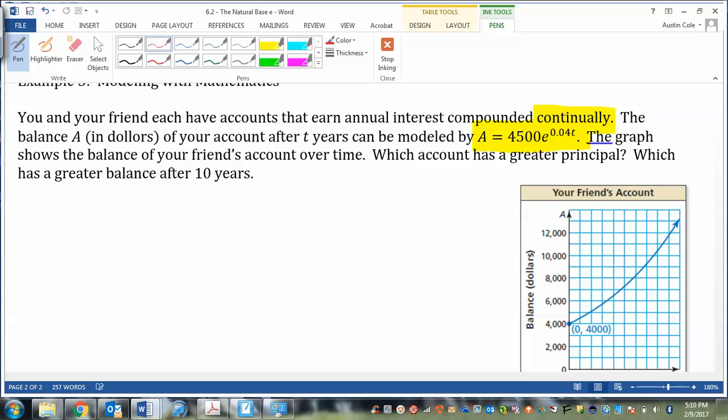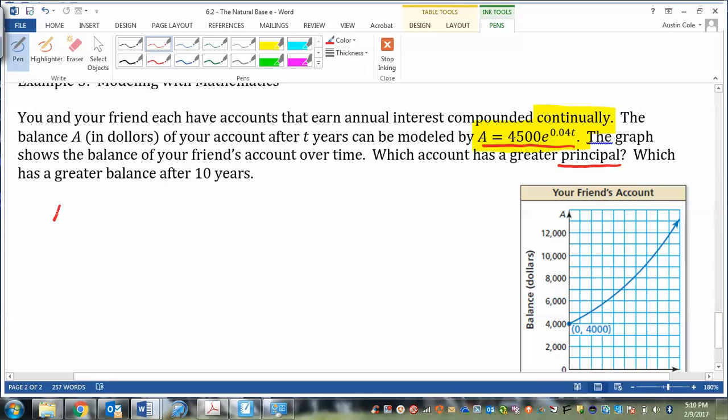The graph shows the balance of your friend's account over time. So there's our friend's. This represents us. All right. Which account has a greater principal? Now, principal is our starting value.